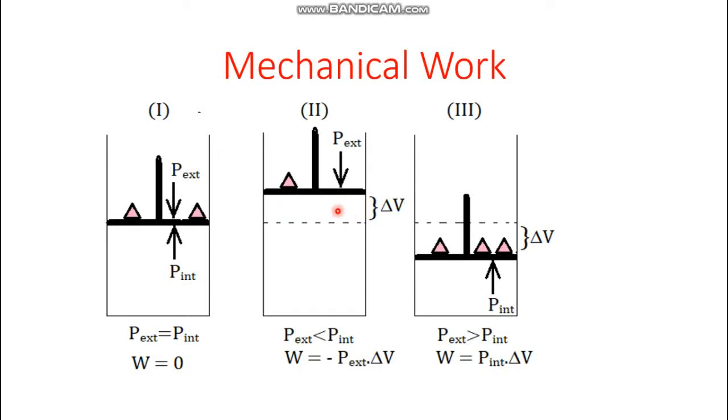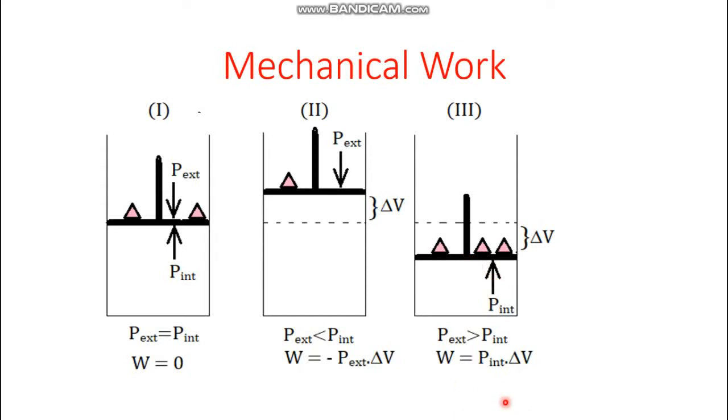And similarly, if the pressure is increased by putting extra weight on the piston, then the P external would become greater than P internal. In that case, the surrounding is working. That means the work is being done on the system, and here the work is being done against pressure P internal. Okay, what is the internal pressure? Against that pressure the piston is moving, isn't it?